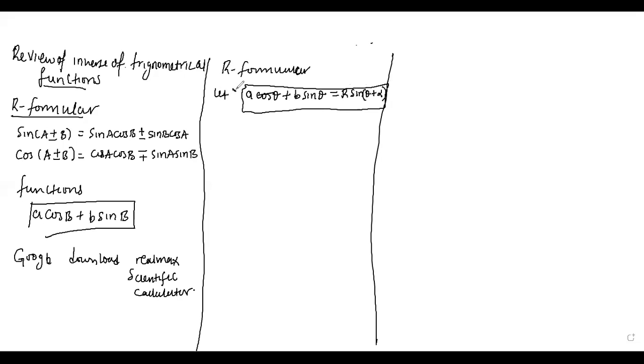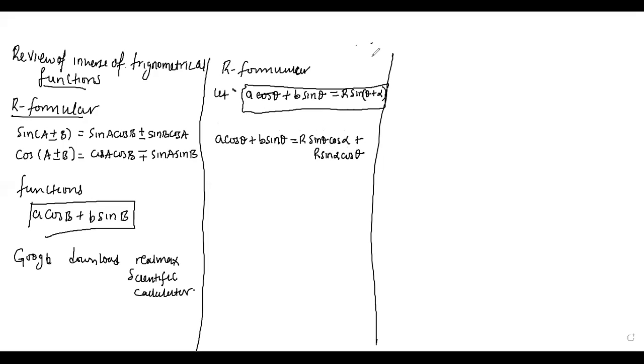It requires us to know the compound formula for sine. If I expand the other side, I will have A cos theta plus B sine theta equals R sine theta cos alpha plus R sine alpha cos theta.